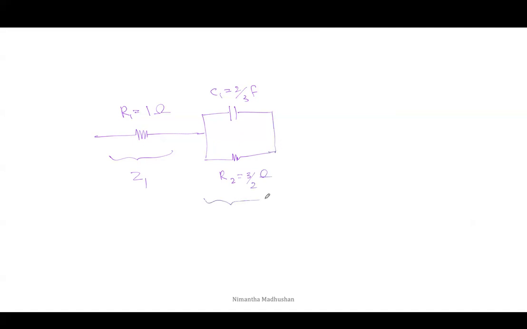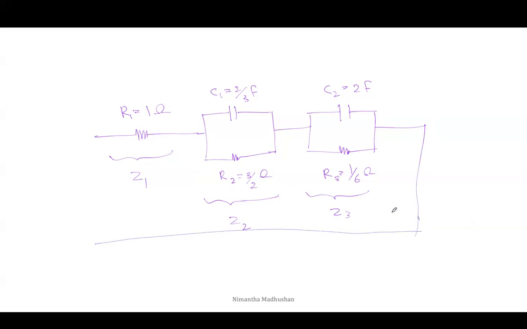This will be Z2 and the final one is a parallel connected capacitor and resistor. C2 is 2 farad and R3 is a 1 over 6 ohm resistor. This one is Z3.